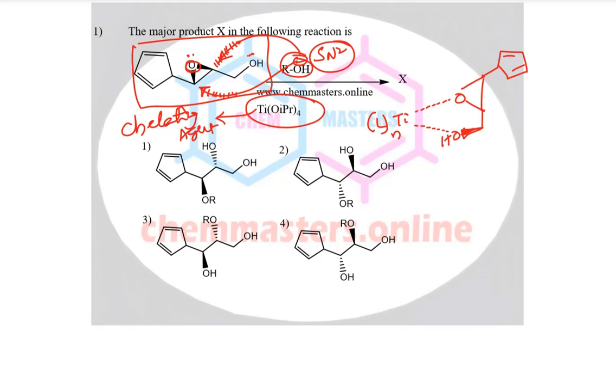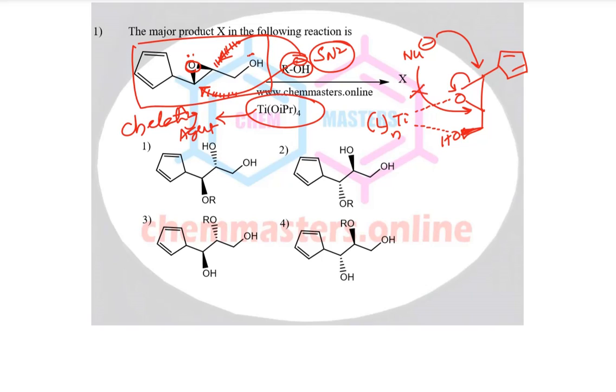Okay, so due to this chelation, a nucleophile has only one way to open this epoxide, that is from here only. The nucleophile cannot open from this side because, due to the chelation, steric repulsions can be seen. Okay, that's why the nucleophile always opens this epoxide from this 5-membered ring side.